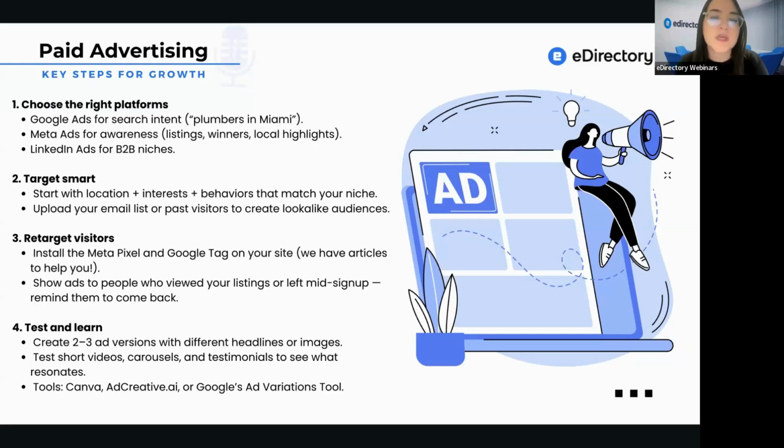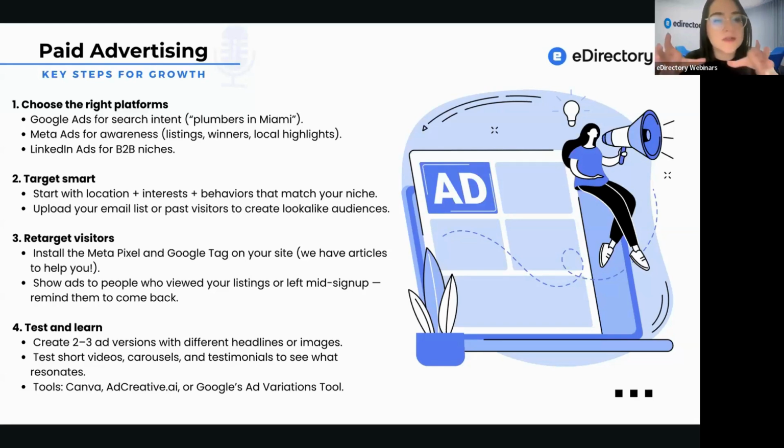Target smart. Start with location, interests, and behaviors that match your niche, and upload your email list or past visitors to create lookalike audiences. Again, this is very important if you're doing a local directory, for example. I'm doing a Missouri directory. I don't want people from all the way from other countries to get access to my ads, and I'm gonna be spending money on people that don't really care about my site or my location.